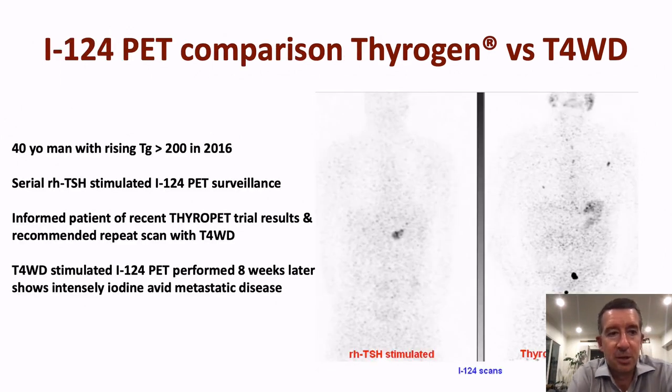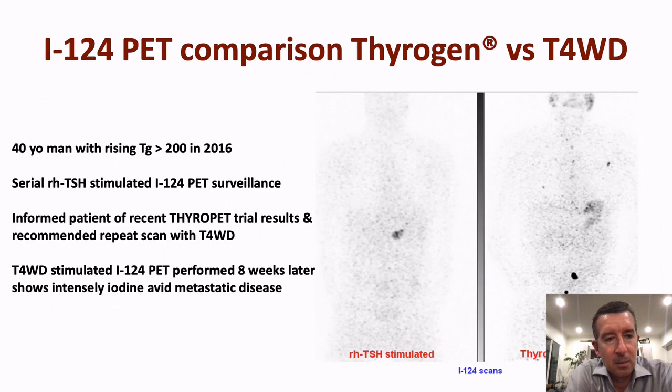This relates to my own personal experience, where we had a young executive who was travelling from Sydney for serial thyrogen-stimulated PET studies. I saw him in 2016 with a negative scan, but with a thyroglobulin in the hundreds.